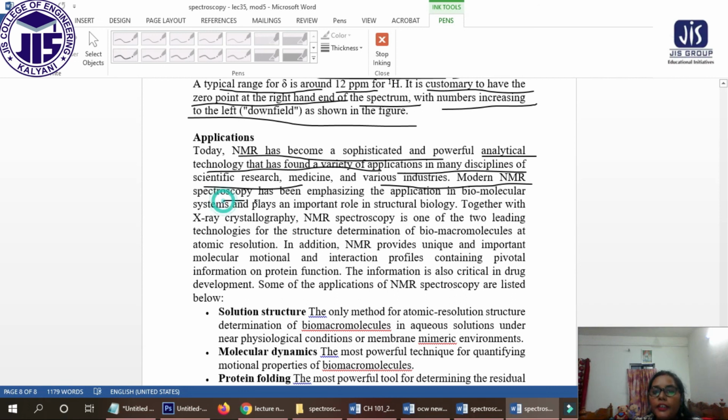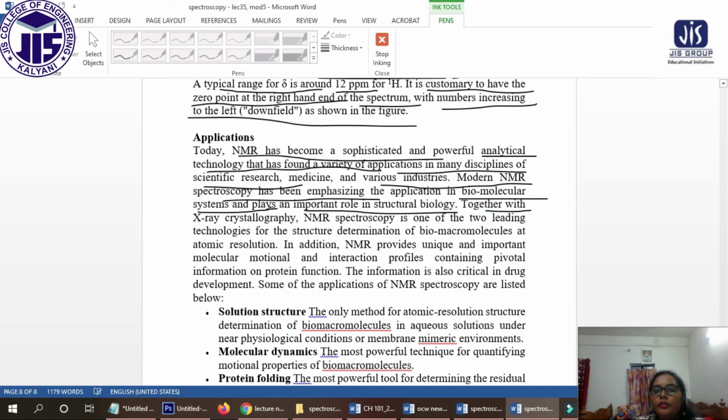Modern NMR spectroscopy emphasizes applications in biomolecular systems and also organic molecules, and it plays an important role in structural biology.